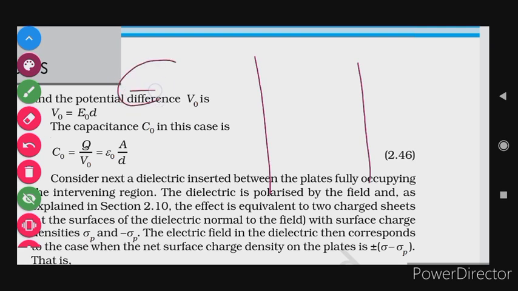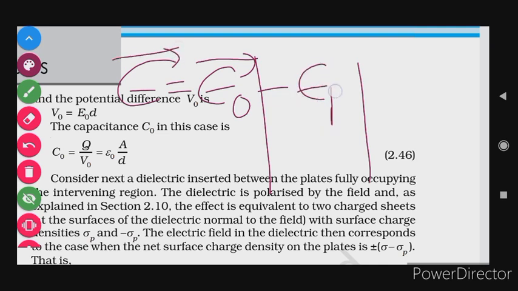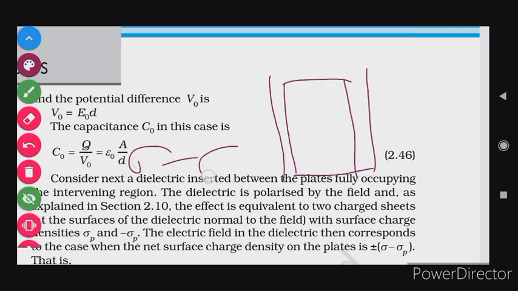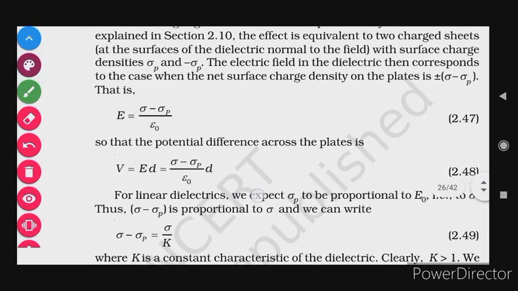The net electric field is E equal to E naught minus EP, because they are in opposite directions. I can also say that the net electric field inside the dielectric is because of a conductor having surface charge density sigma minus sigma p. So E is equal to (sigma minus sigma p) upon epsilon naught.